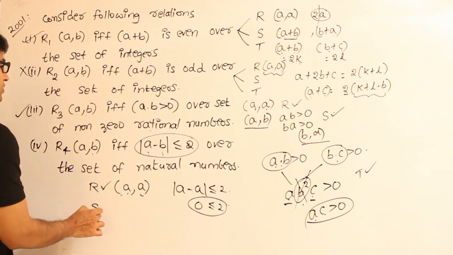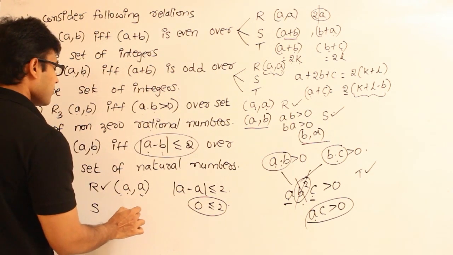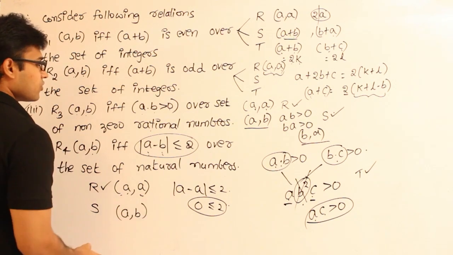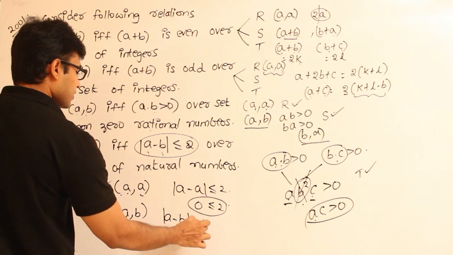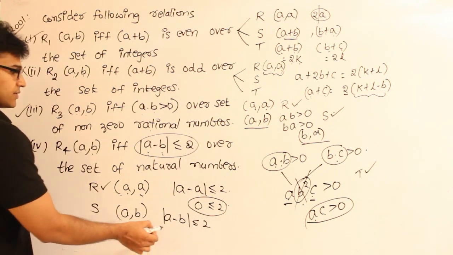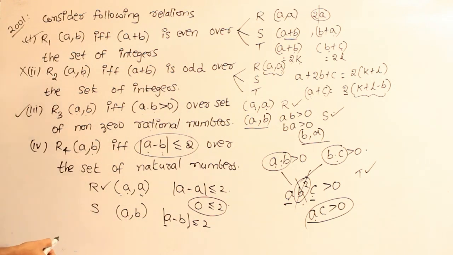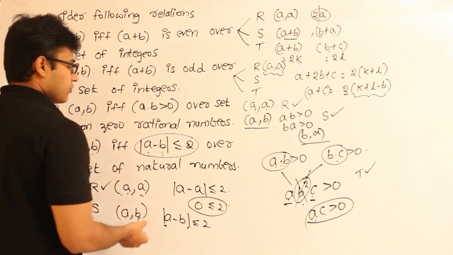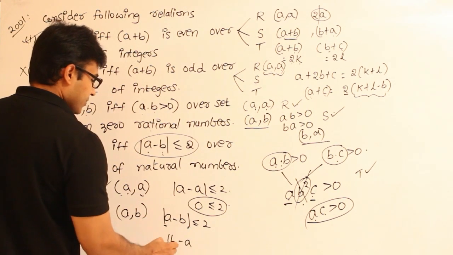Now let's talk about symmetric. What does symmetric mean? If a comma b already belongs to the relation R4, then what does it mean? The modulus of a minus b is less than or equal to 2. Since we apply the modulus, we are going to have positive numbers only, so I can write it as b minus a also.